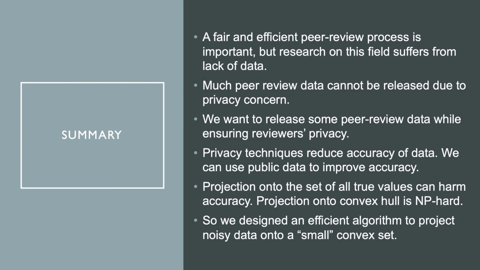We noticed that privacy techniques will reduce the accuracy of the released data, but we can use public data to improve accuracy. We showed that projection onto the set of all true values can harm accuracy, and projection onto the convex hull is NP-hard. So we designed an efficient algorithm to project noisy data onto a "small" convex set.